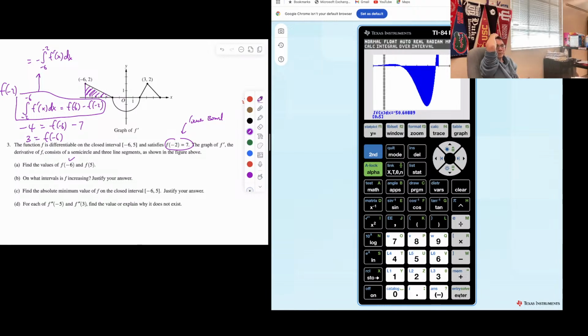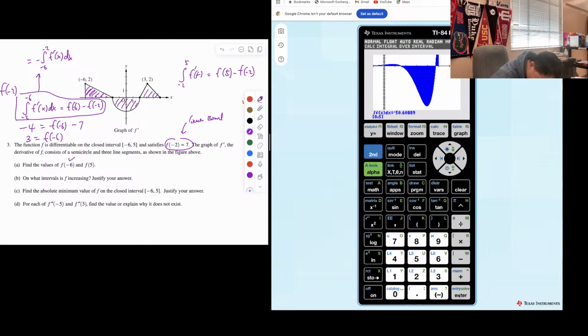You got it or no? 13? I got -5, -2. Okay, f of 5. So it'll be from -2 to 5, right? The integral of f of t dt is equal to f of 5 minus f of -2. Did you write out this part? If you write out this part, you get points. Okay, so from -2 to 5, it's going to be here, all the way to here.